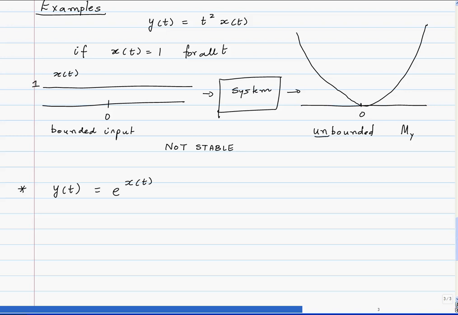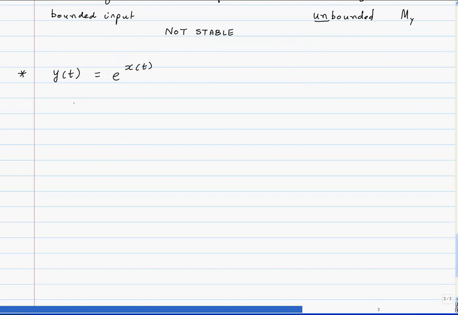Since y of t depends on x of t as e raised to x of t, it looks to me that the only way to make y of t unbounded is to make x of t unbounded as well. So formally, let's think about it this way.